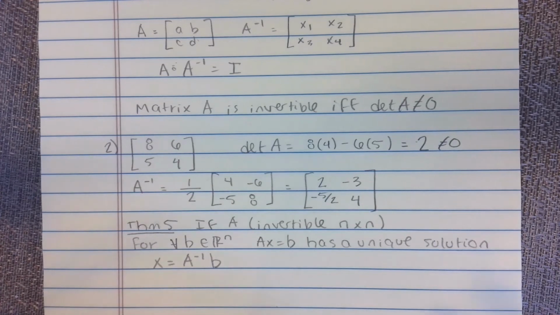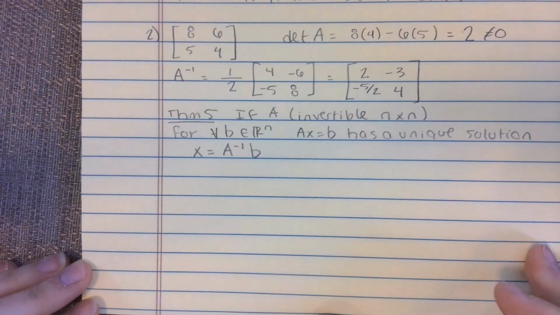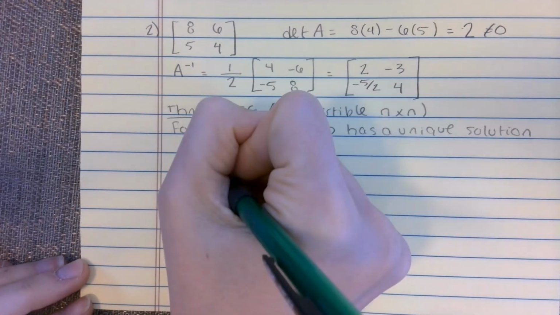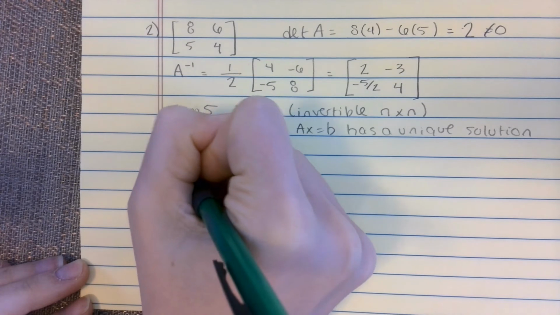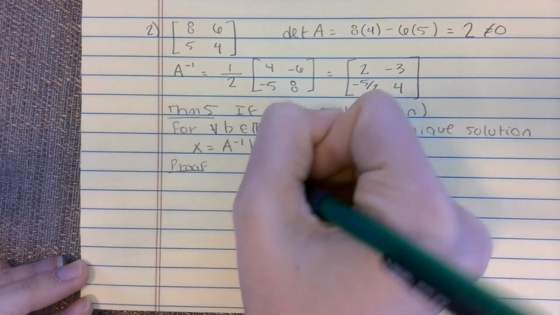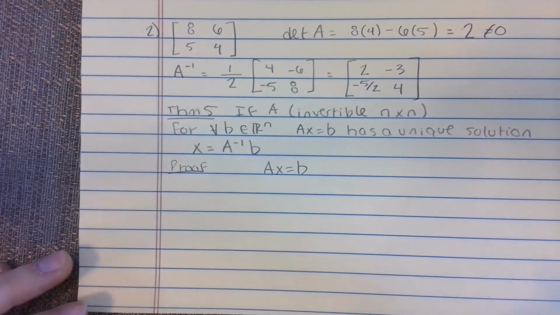So, a short proof. Let's see how this works. If I have AX equals B, I can multiply both sides by A inverse.